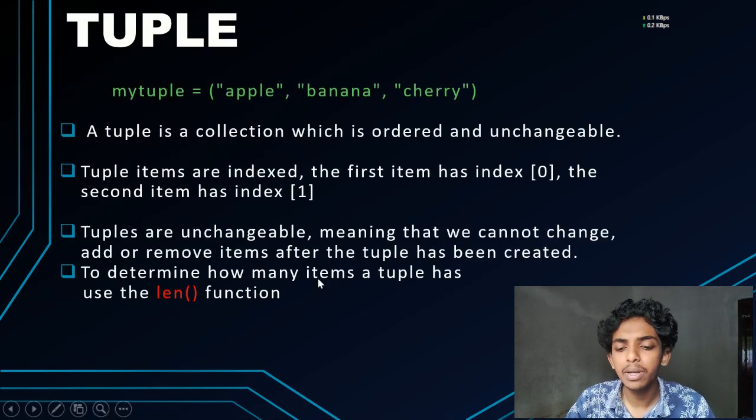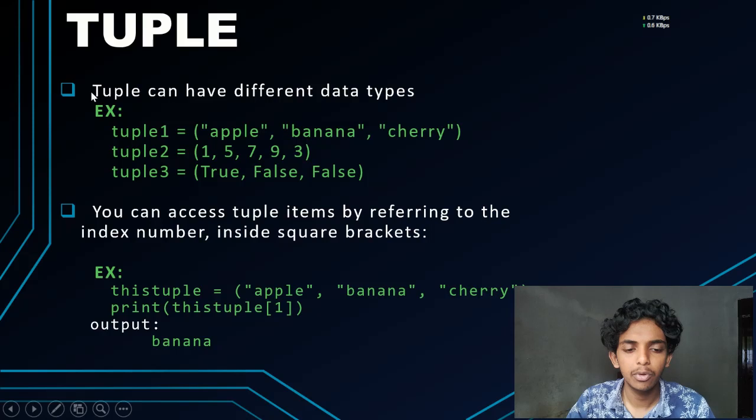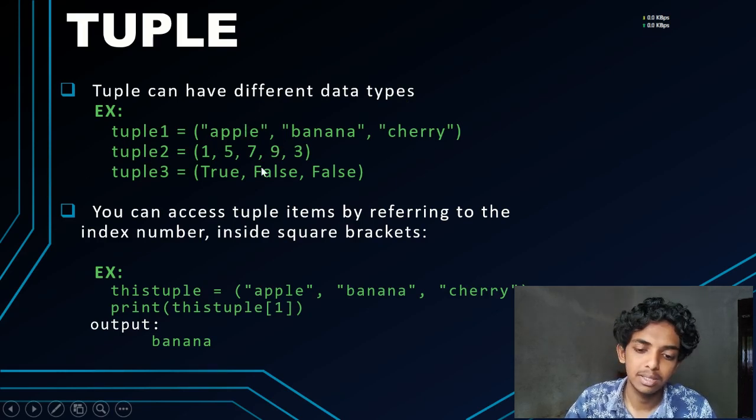To determine how many items a tuple has, use the len function, as we already saw. A tuple can have different data types. Here's an example: apple, banana, cherry strings, and this tuple contains integer values. The third tuple contains boolean values.